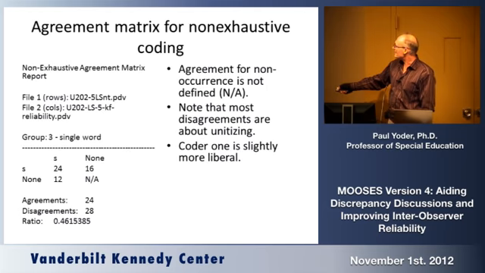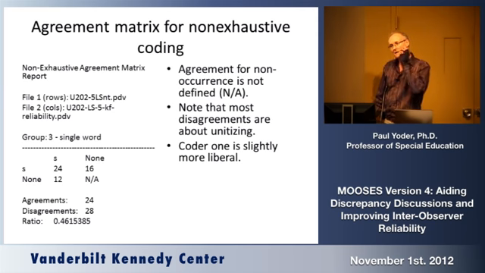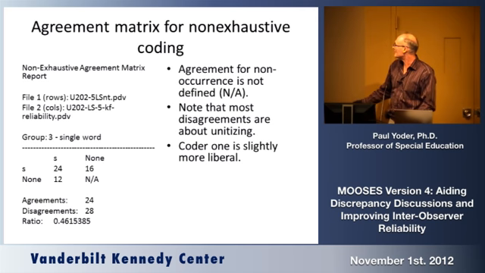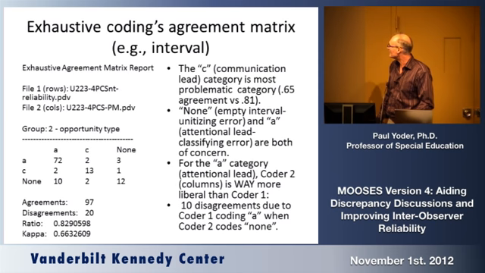So these agreement matrices are always set up such that the agreements are on this diagonal here, left to right diagonal, going down. So that's 24 instances in which they saw the smile occurring at the same time. Okay? And obviously, this isn't so good. This particular agreement ratio is not so good, about 46% agreement on a second-by-second level or point-by-point level.